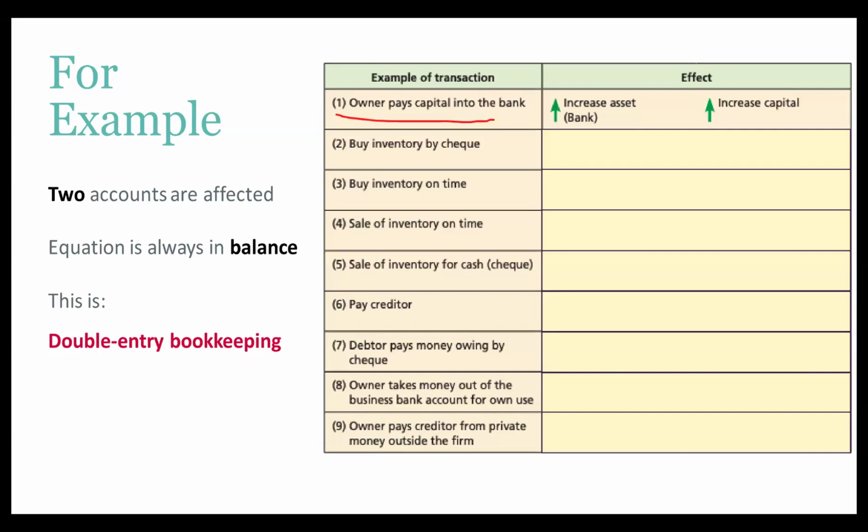For example, you buy inventory by check. What do you think is happening to the assets? If you buy inventory by check, the asset will still increase because there's inventory.